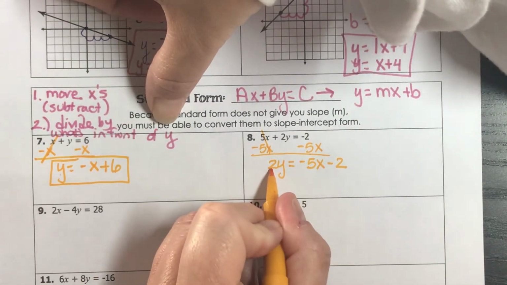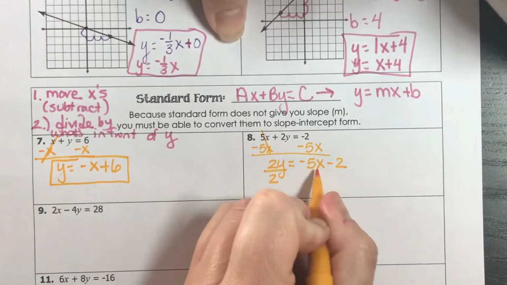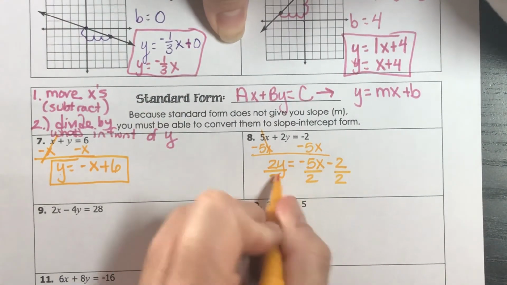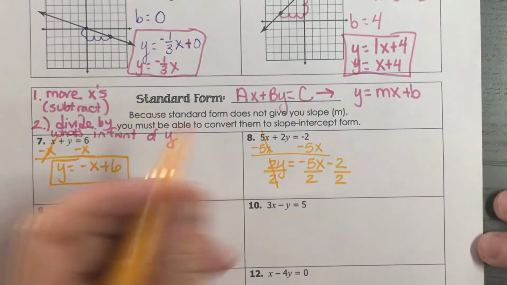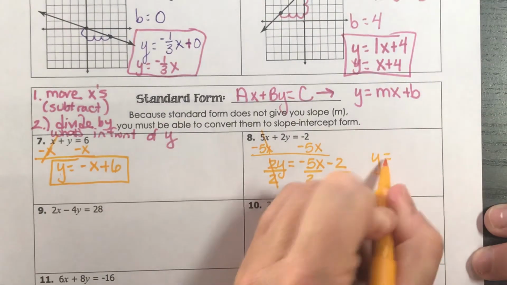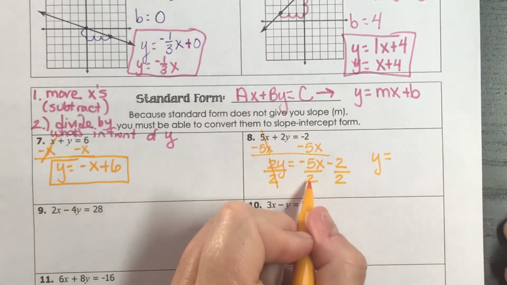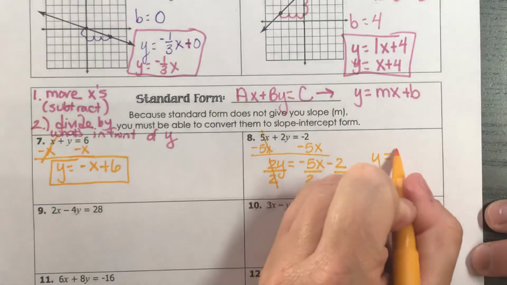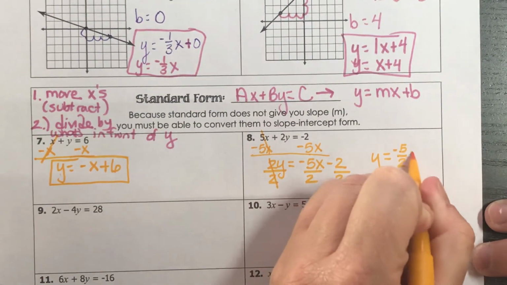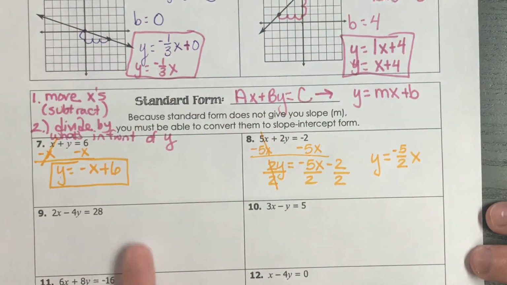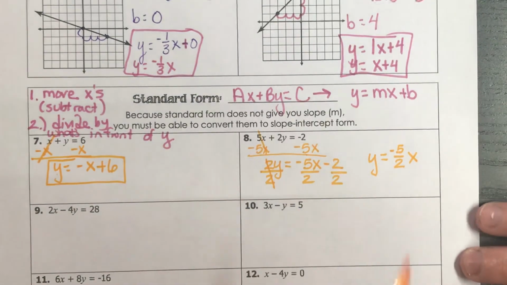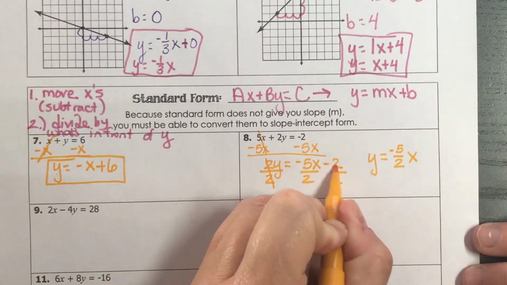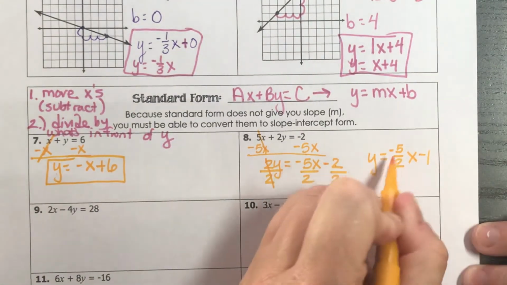So y has a positive 2 in front of it. So we're going to divide every single thing by 2. So then I end up with y equals negative 5 over 2 cannot be reduced. So we're going to leave that as negative 5 over 2 x, and that's the slope. So you kind of want that as a fraction because it's rise over run. And then you do negative 2 divided by 2 is negative 1.